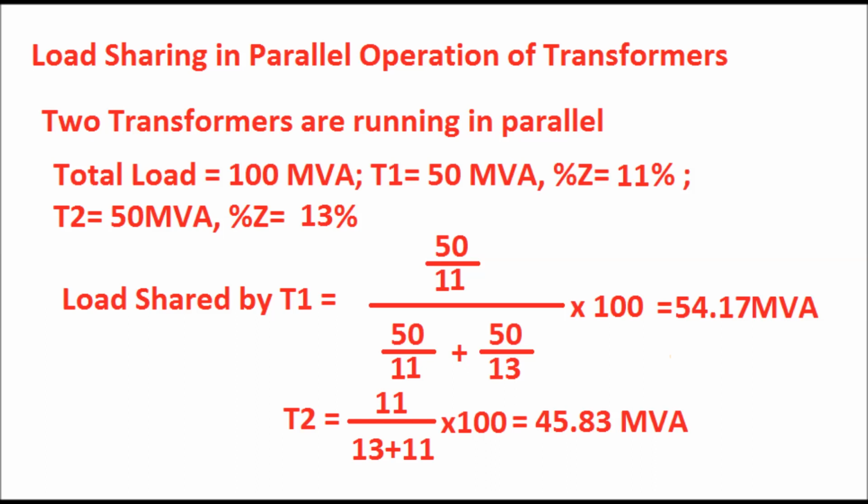So 11 divided by 24 into 100, which comes as 45.83 MVA. So we can see that since the percentage impedance of transformer 1 is 11%, more load is shared by transformer 1, and since the percentage impedance of transformer 2 is 13%, less load is shared by transformer 2.